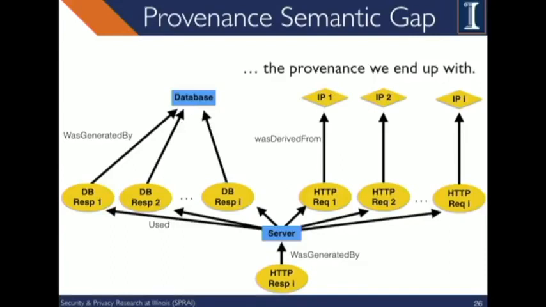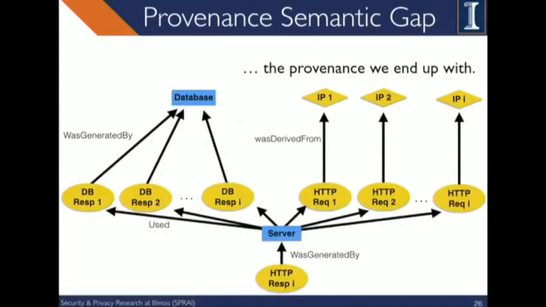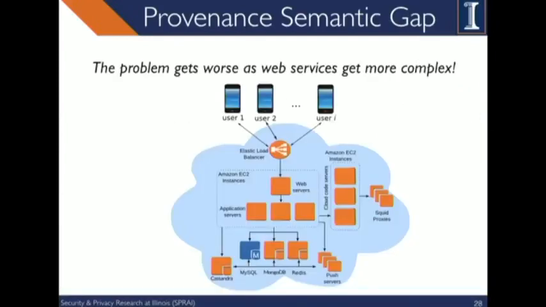So this general problem is delightfully called a dependency explosion, right? So we've got all of these different relationships that exist in the provenance of this particular web app. It's not actually true. This is a false dependency, and also it makes these results almost completely unusable.